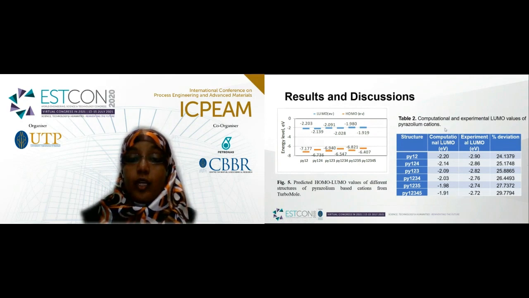So for more validity, we also compare with the experimental data, and we realize that the order is also the same between the computational study and the experimental data, but there is deviation in terms of value. This deviation is because in the experimental data they use acetonitrile as solvent, so it's not purely ionic liquid.